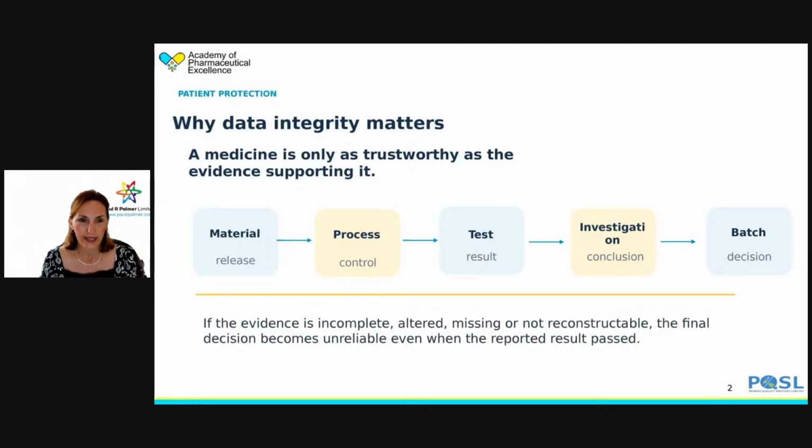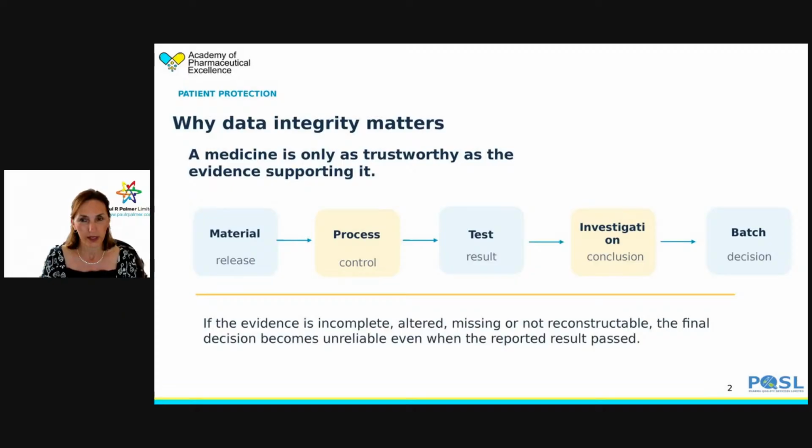And this is a very important distinction, because a bad result is not automatically a data integrity failure. A process can genuinely produce an out of specification result and still have excellent data integrity if the result is fully recorded, investigated, and handled correctly.